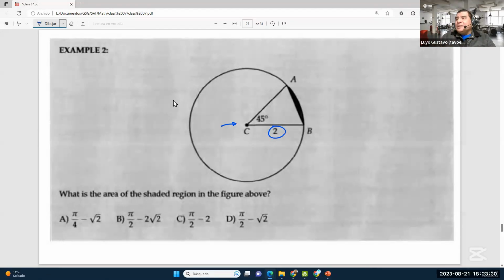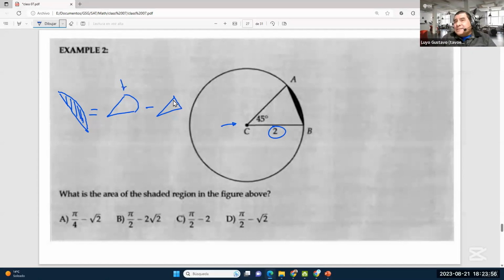You can understand this shape as a subtraction. This one, take away the triangle, right? You can see this shaded region as a subtraction of two areas.